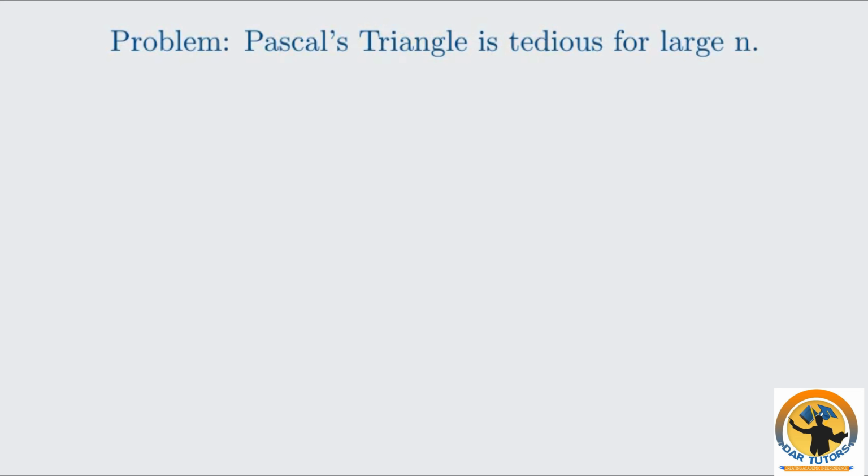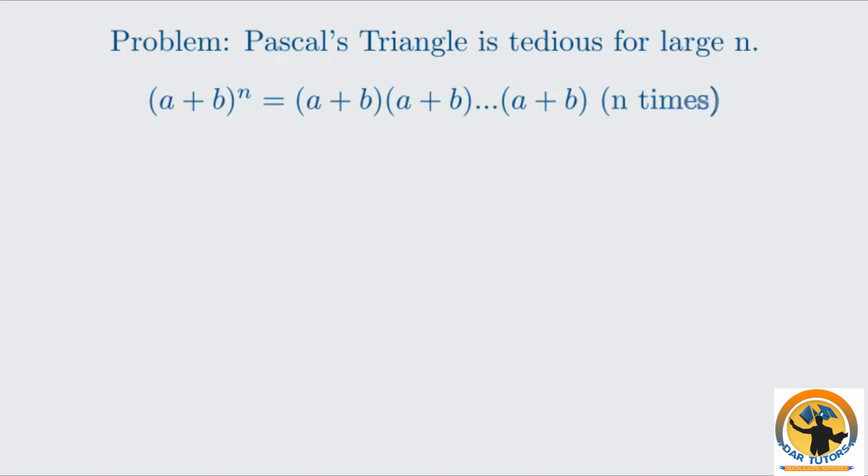Let's consider the expansion of (a + b)^n. This is (a + b) multiplied by itself n times, the product of n identical binomials. When we expand this, each term is formed by choosing either a or b from each of the n brackets and multiplying them together.